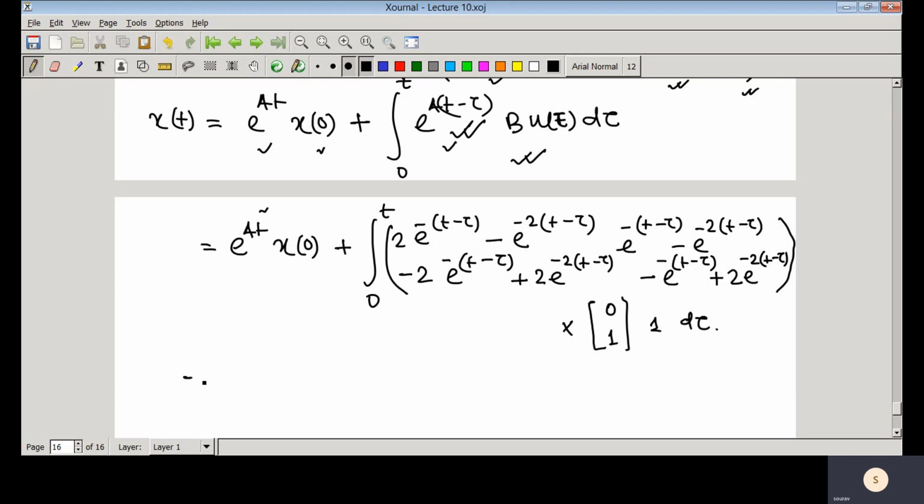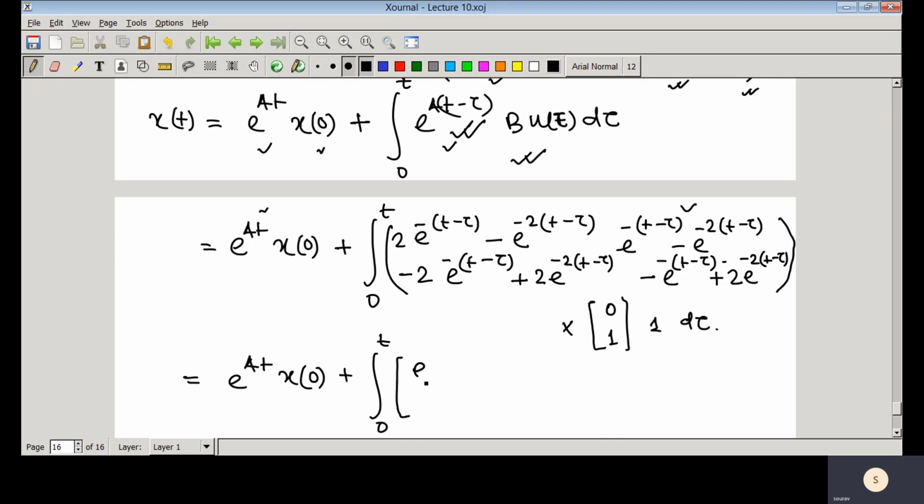So now if you multiply the term inside that integration, from 0 to t, you will have only two elements, this element and that element.